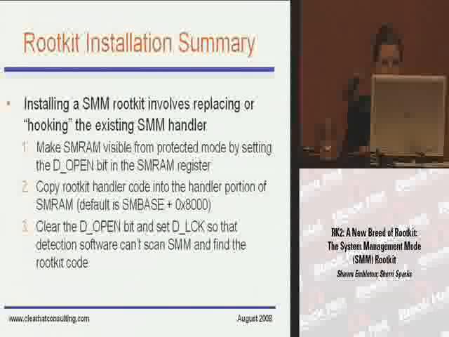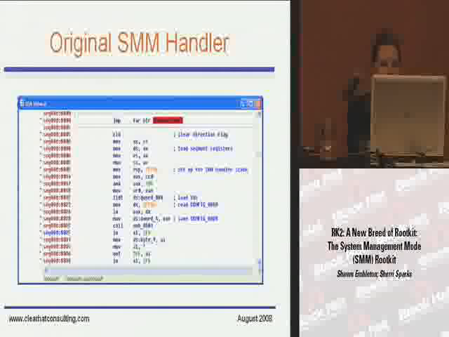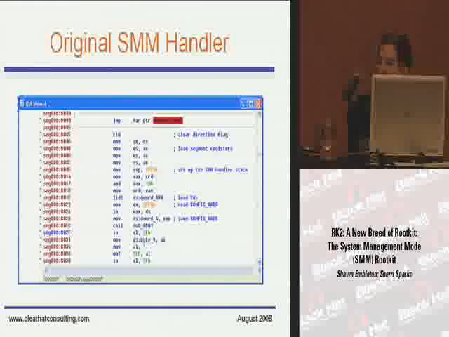So on this box that we're going to demo on a little bit later, this is a dump of the original SMM handler, the very, very beginning of it. We dumped out the handler memory, disassembled it in IDA, and just took a look at it. And this is just the first few lines of it. You can see the first thing it does is jump to an offset of 5 from the beginning of the handler.